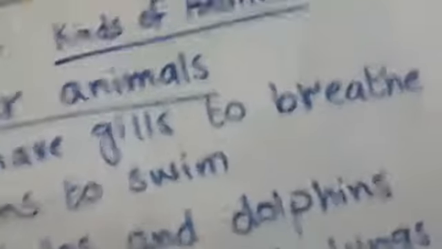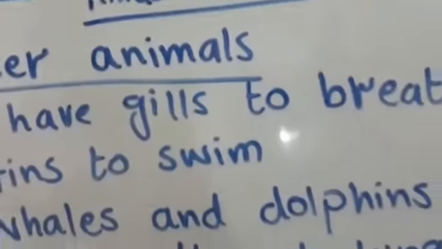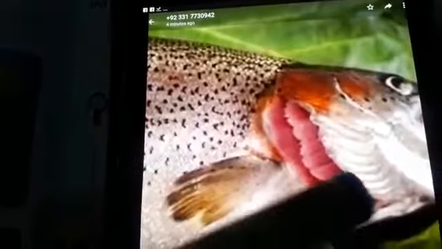Okay. Animals like fish, octopus, whale, shark, and many others live in water. They all live in water. And some qualities are there. They have gills to breathe. What are gills? Okay, I have a picture for you. These are the gills.